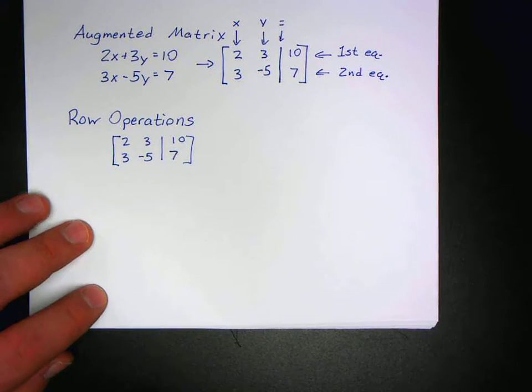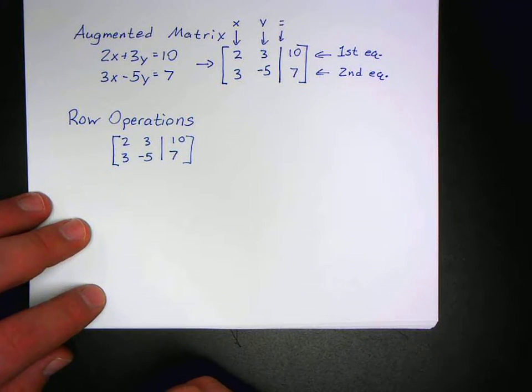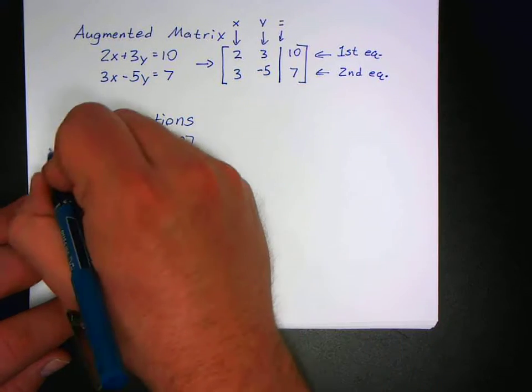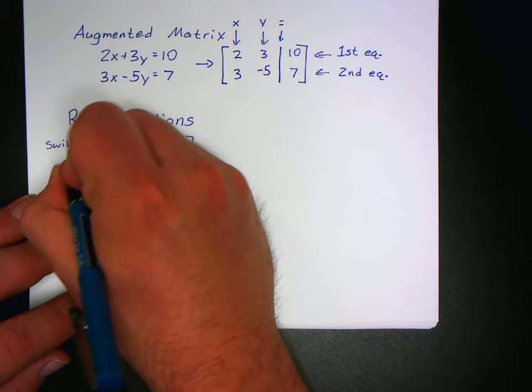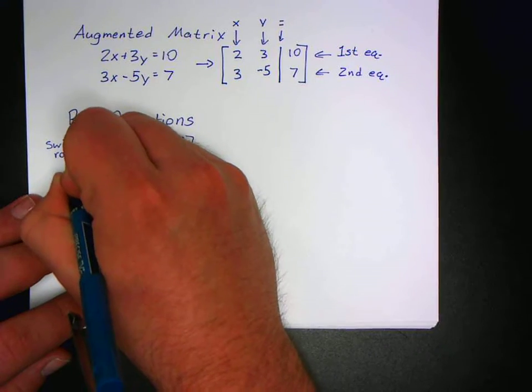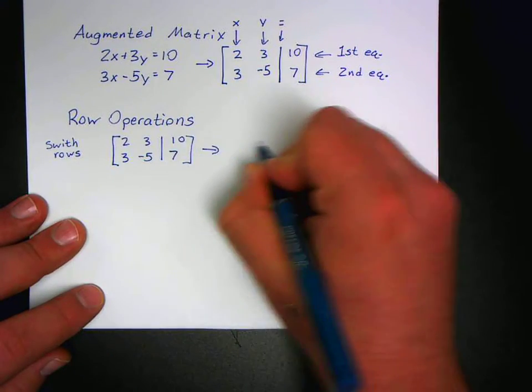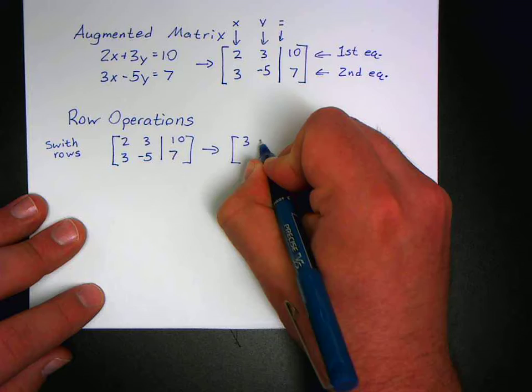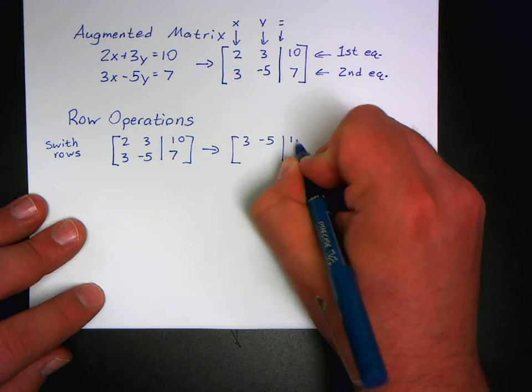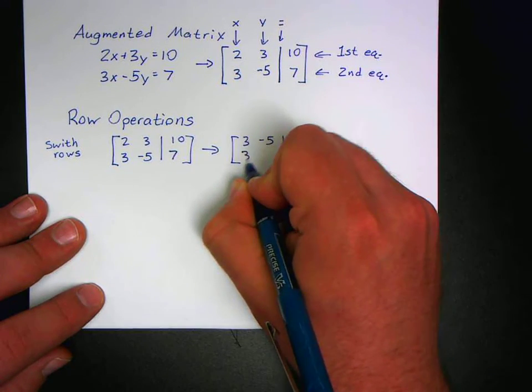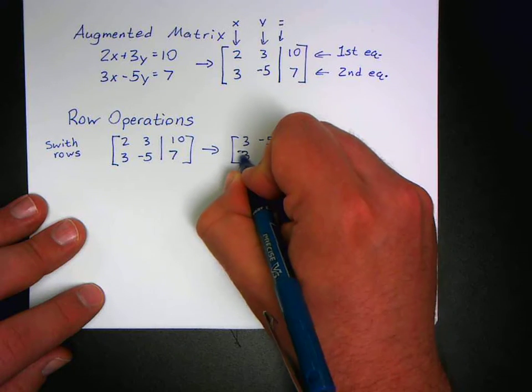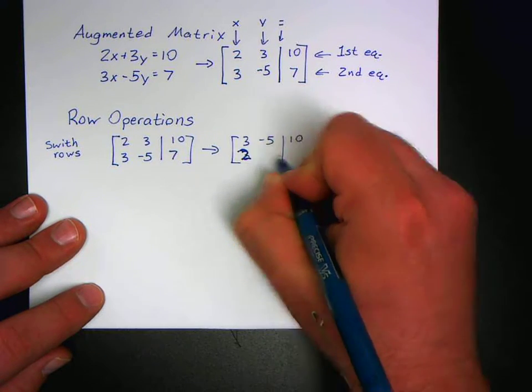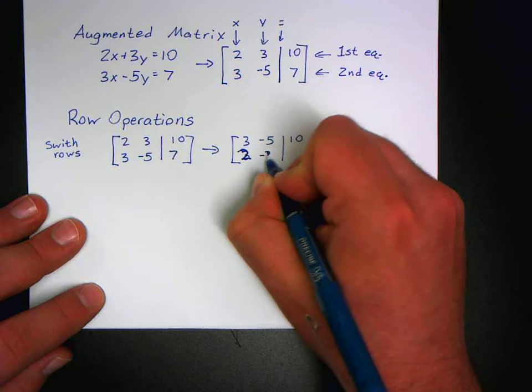One type of row operation is you can switch rows. Dang it.